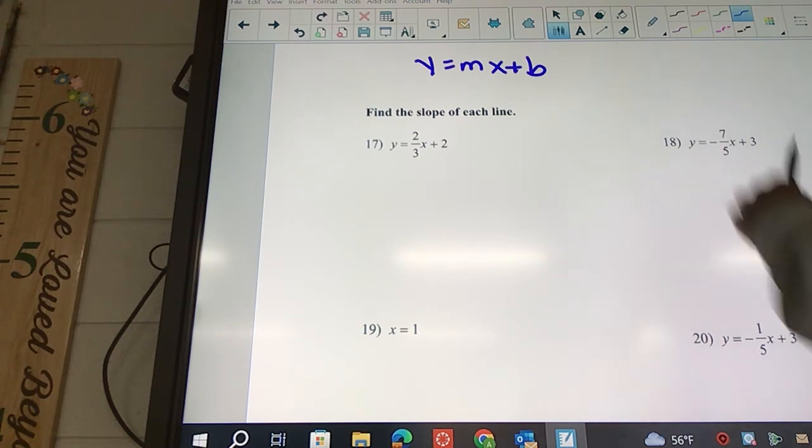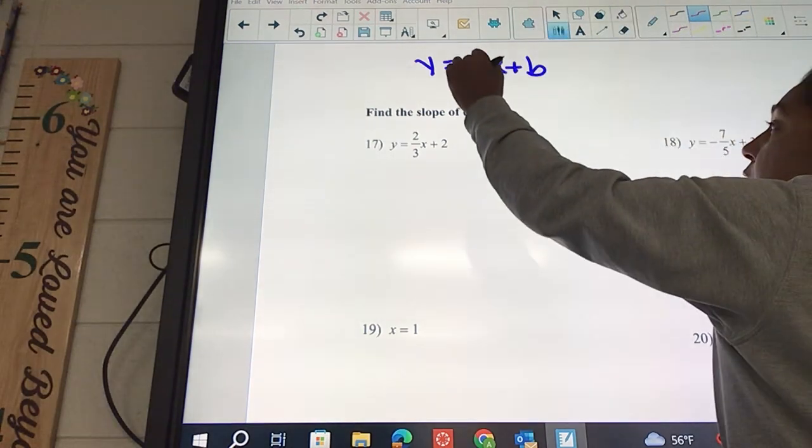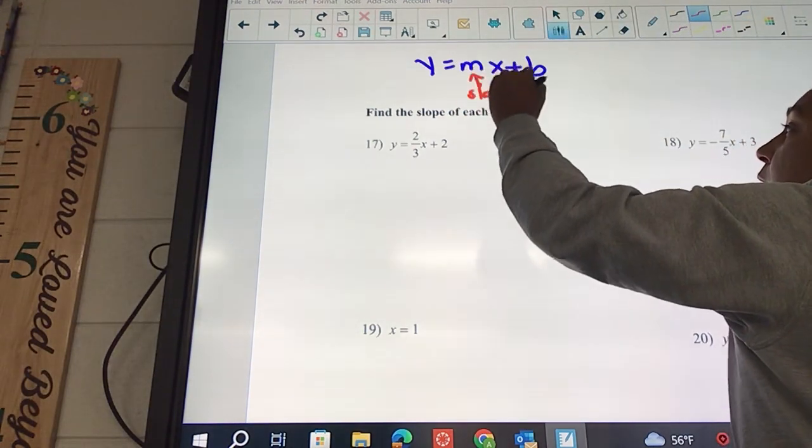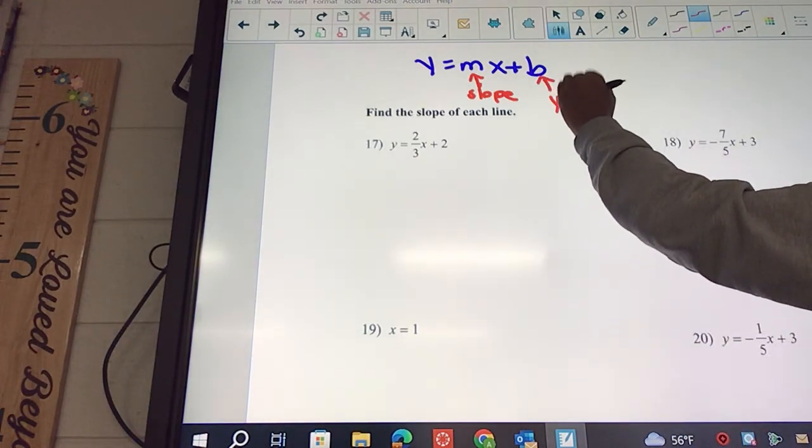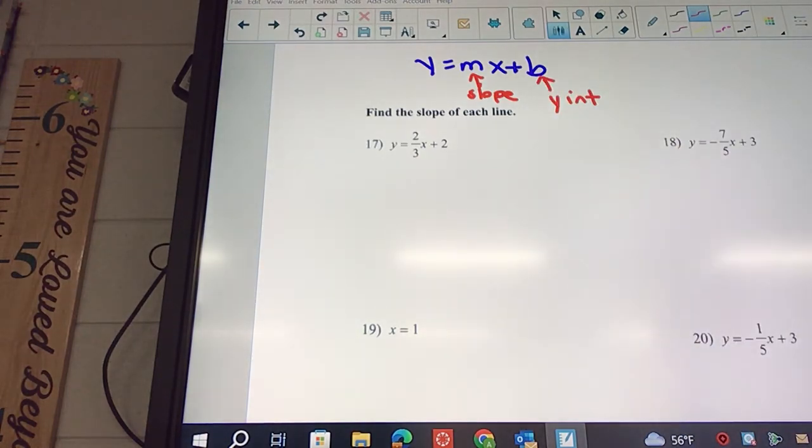Our m stands for our slope. My b stands for my y-intercept, which is what we did the other day. Remember, it's wherever it crosses the y line. And so all they want you to do on here is find the slope, find the m.